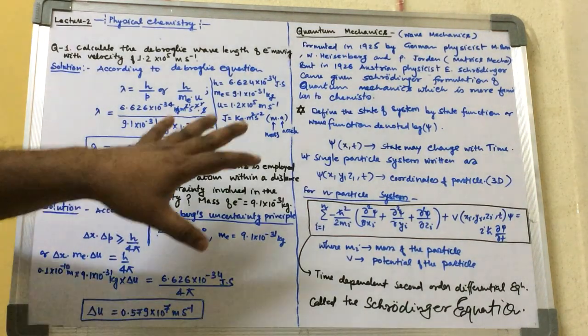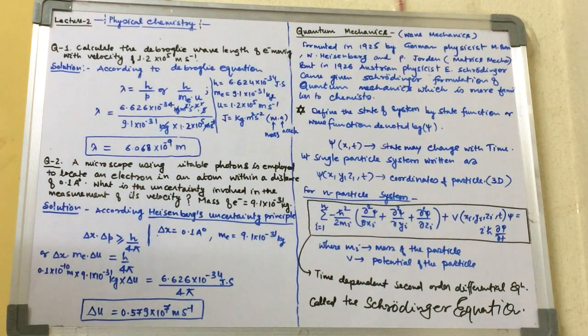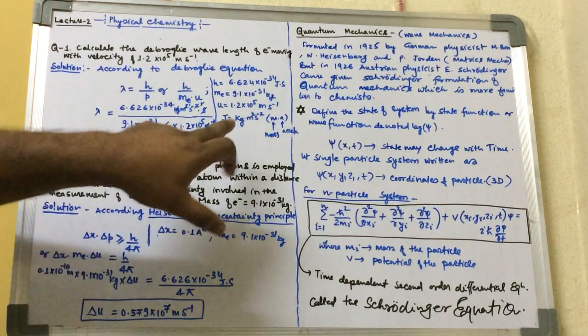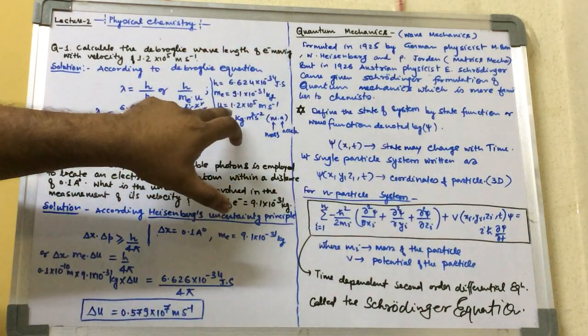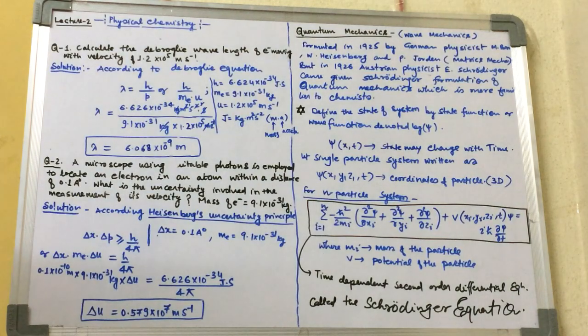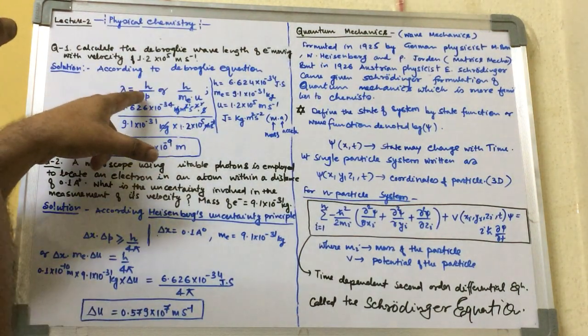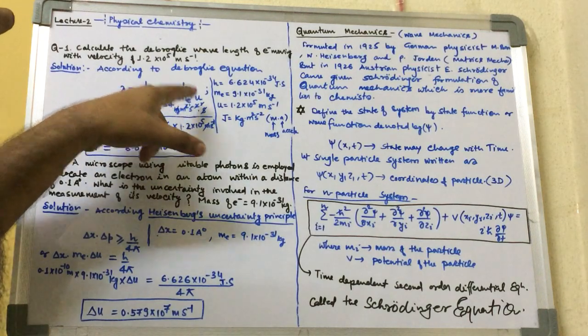We can also write p is equal to m into v, where m is the mass of the electron and v is the velocity of the electron.